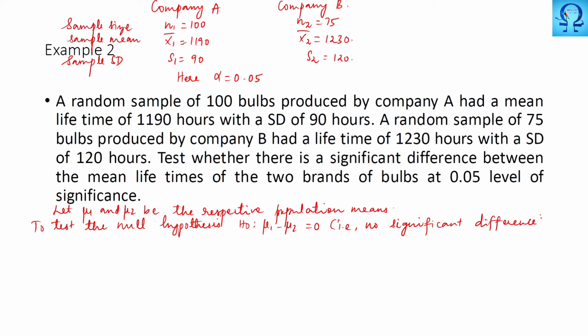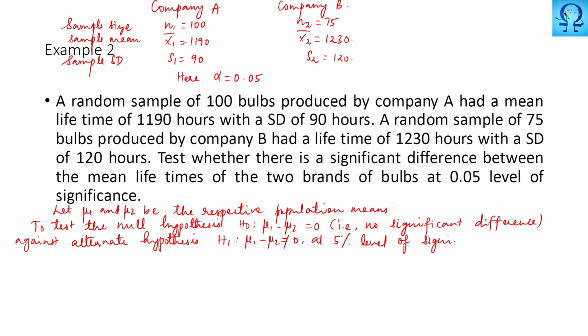Okay. So against alternate hypothesis, which is H1, there is a significant difference, isn't it? At 5 percent level of significance. Okay.